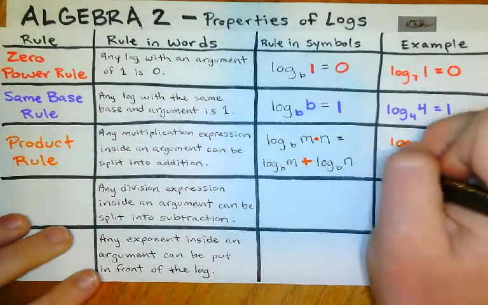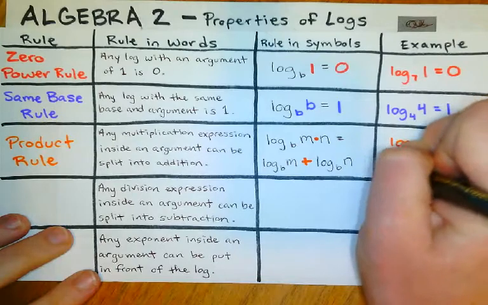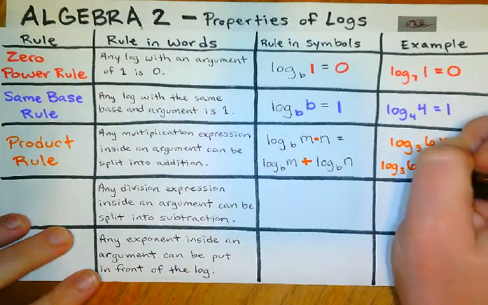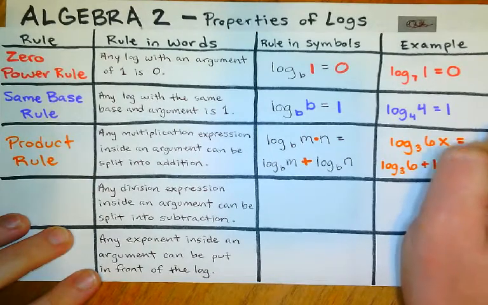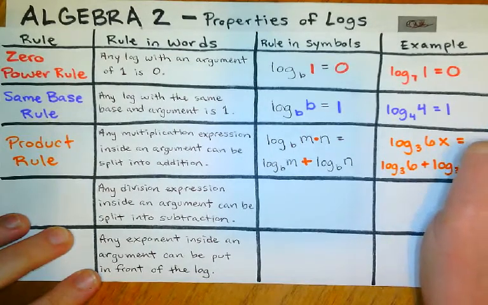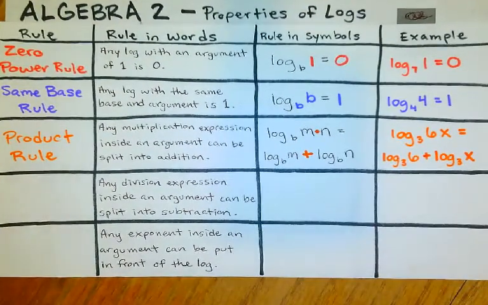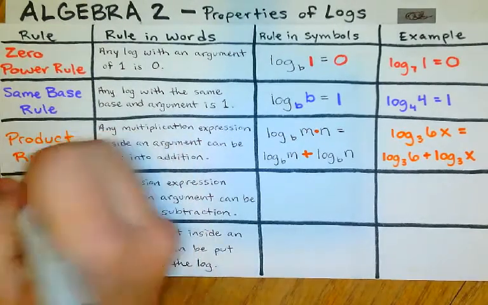So I can split this into log base 3 of 6 plus log base 3 of x. Our next one is the quotient rule.